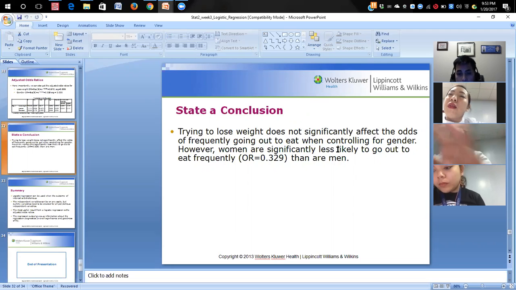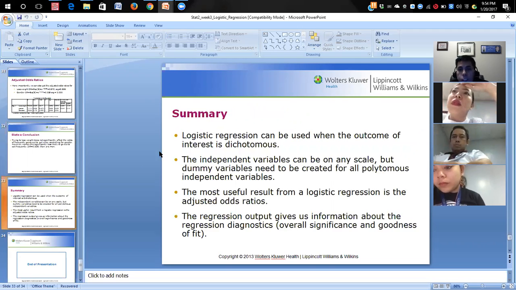However, we assign 1 for women and 0 for men. Women are significantly less likely to go out frequently, with an odds ratio of 0.32, than men. And in summary, logistic regression can be used when the outcome of interest is dichotomous.